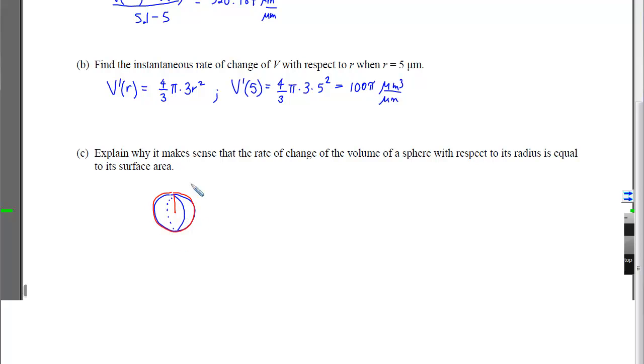And when we do that, we're essentially adding a layer of paint to that sphere, which means we are increasing the volume by that surface area. So notice that the volume's derivative, if we actually simplify it, gives us that 4 pi r squared, which is the surface area of the sphere.